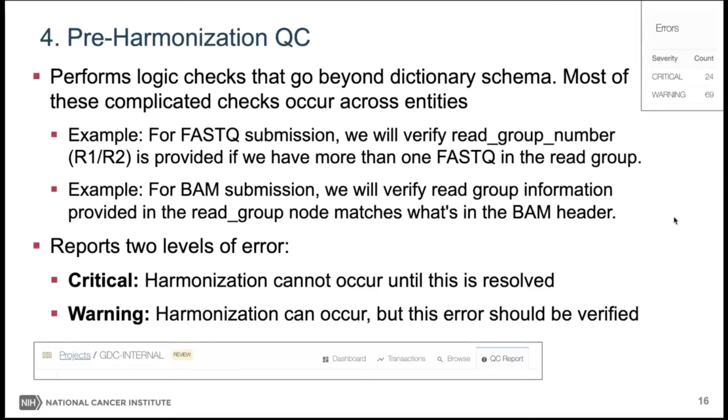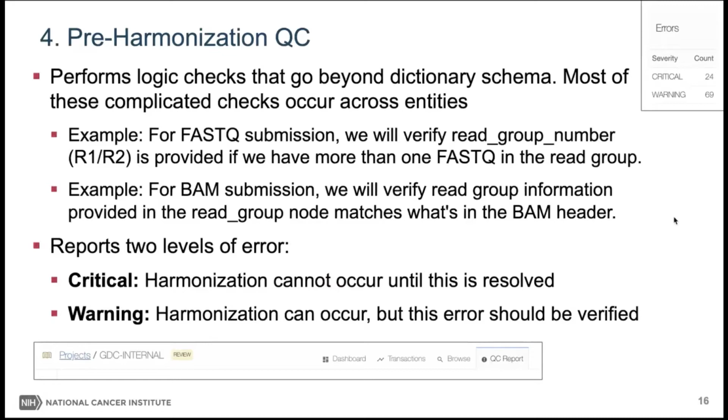Another very quick example is making sure that the experimental strategy is the same between a read group and submitted aligned or unaligned reads. So if you report RNA-seq in one place and whole genome sequencing in another place, the GDC will not know how to process that. So the pre-harmonization QC reports these on two levels.